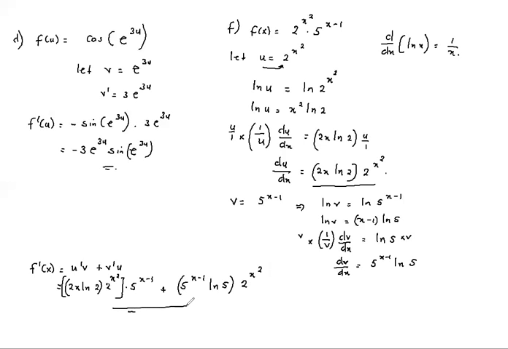So this is the derivative of what we are looking for, which if you want, you could factor out. You can see there's a 2 to the power x squared, and there's a 5^(x-1).